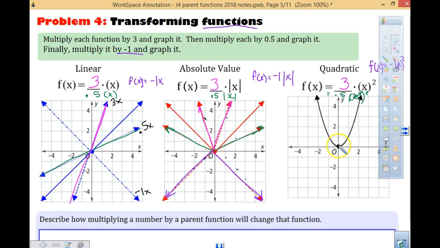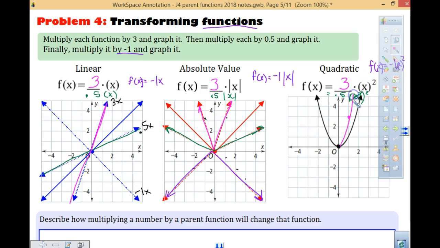Vertex is the same, right? The negative should be almost like our absolute value, right? When I plug in 1 now, 1 squared times 3, at 1 I'm going to get 3. At 2 I'm going to get 4, right? Times 3, which would be 12.